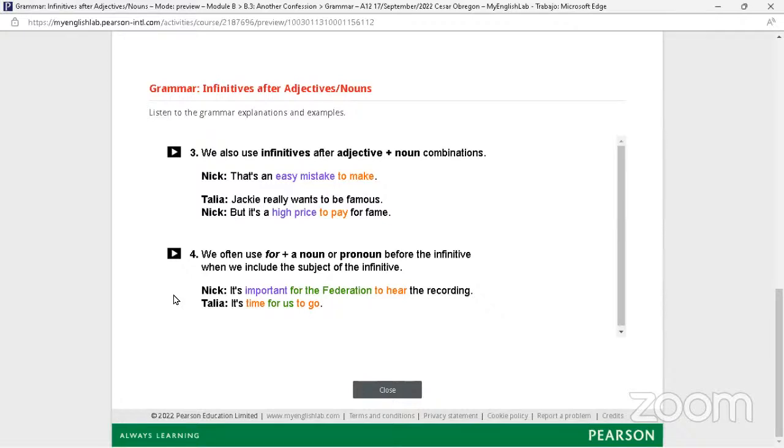So it's important for the Federation, time for us. This is a noun and this is a pronoun, right? And then we have the infinitive, to go, to hear. Combinations, okay?